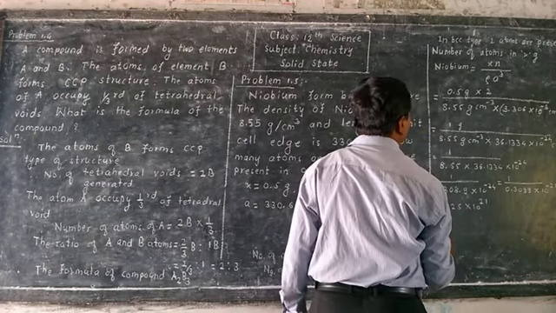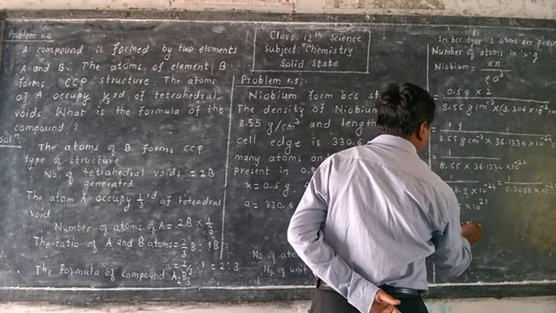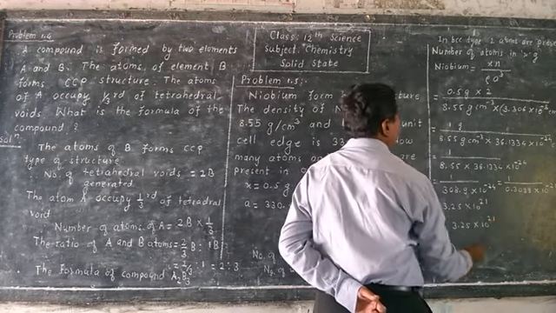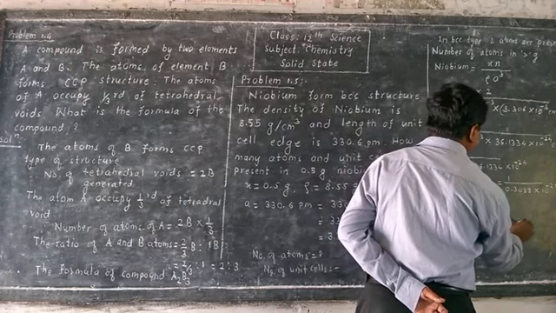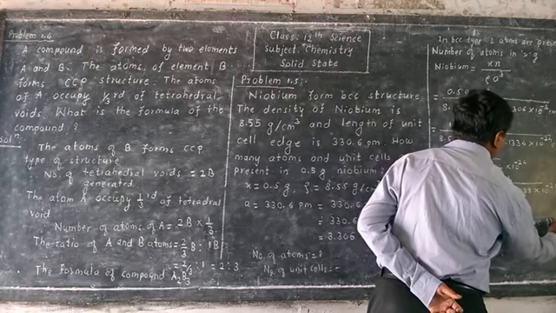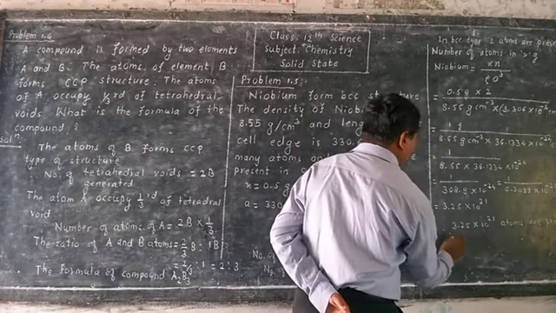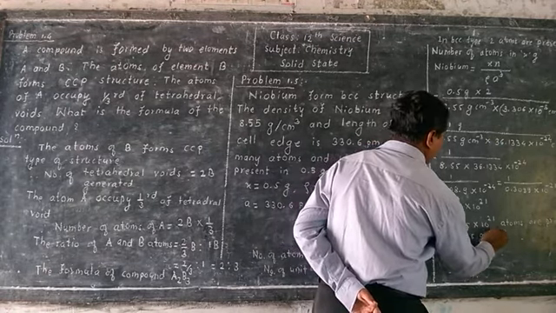Therefore, 3.25 into 10 raised to power 21 atoms are present in 0.5 gram niobium.